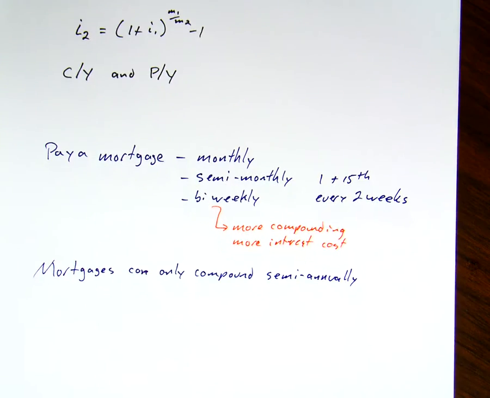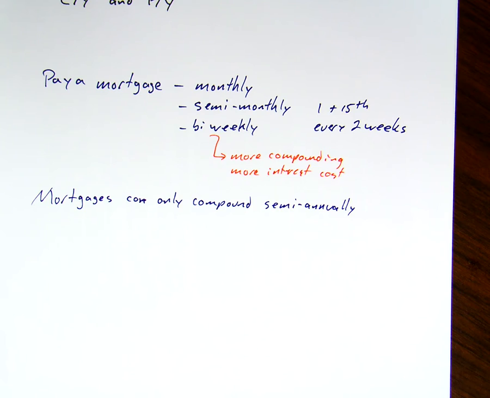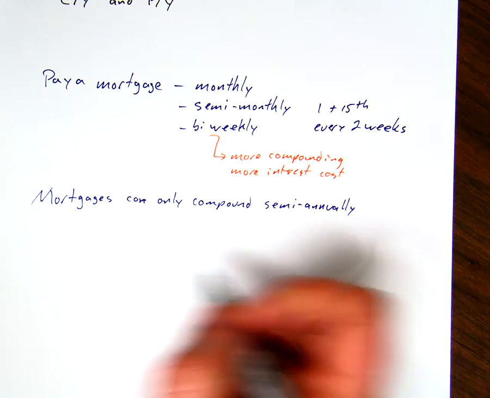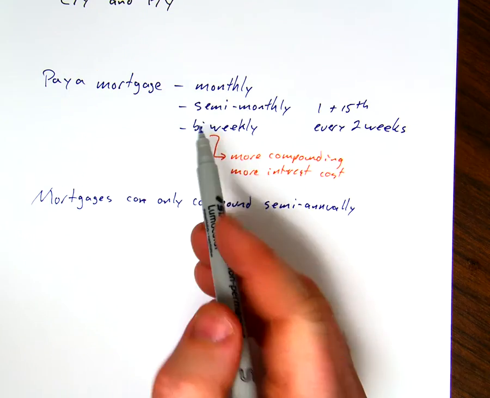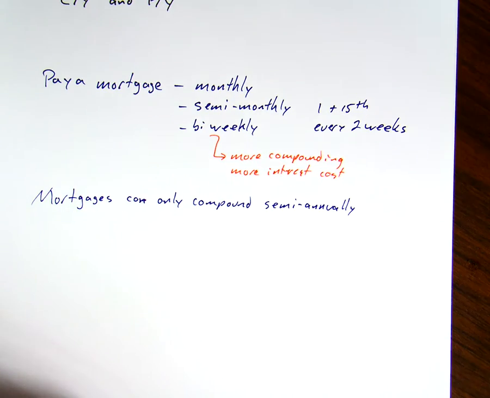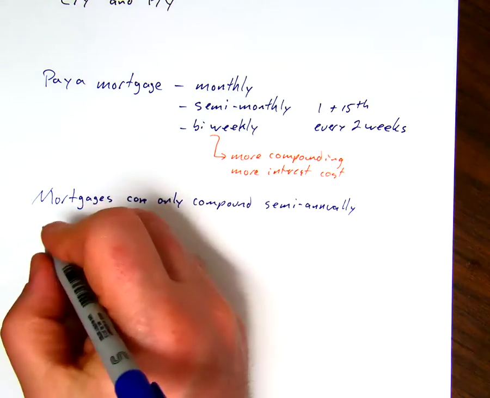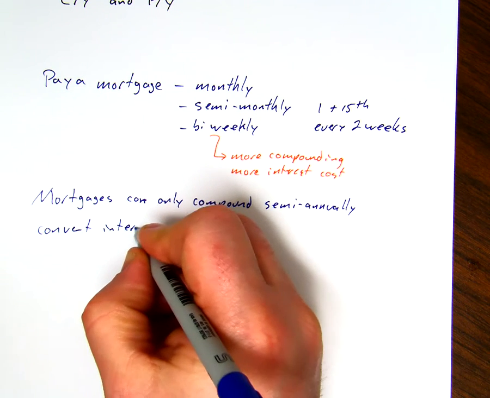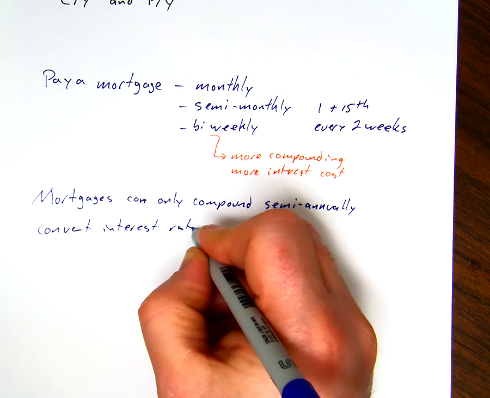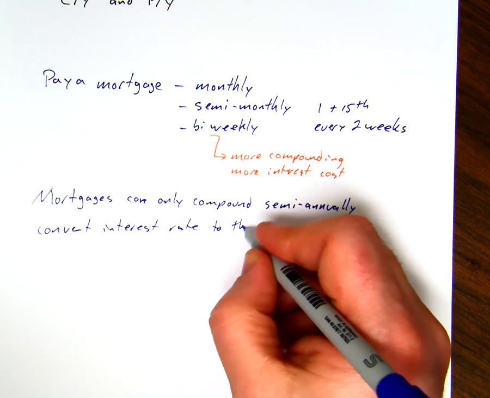What this means is that in a mortgage problem we compound semi-annually, but we can still pay monthly, semi-monthly, or bi-weekly. So we need to be able to convert the interest rate to the payment frequency.